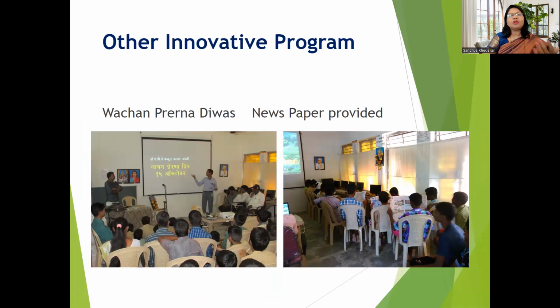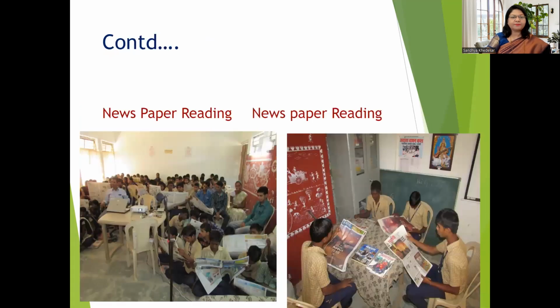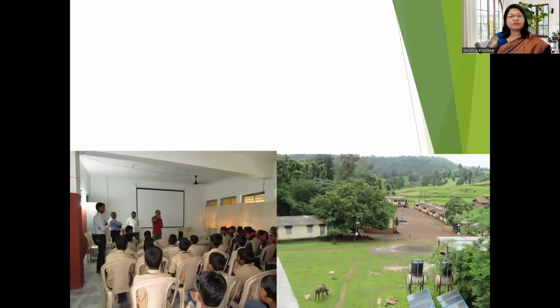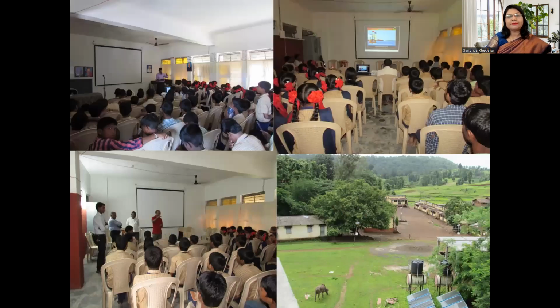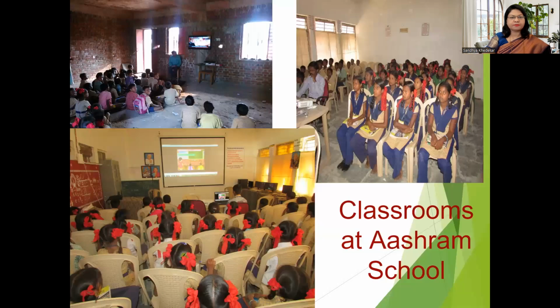We can have some innovative programs for the students. We can give different learning experiences to the students. We can use many digital media for learning processes. These are some real pictures where I trained a few school teachers, and with the help of ICT and technology, those teachers could give a better learning environment to their students.